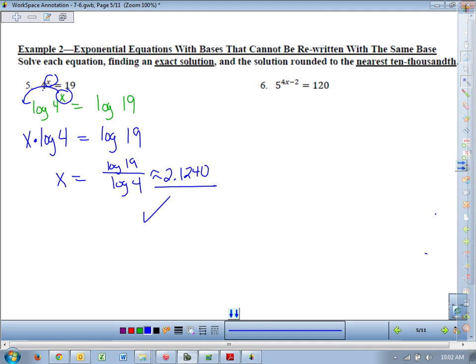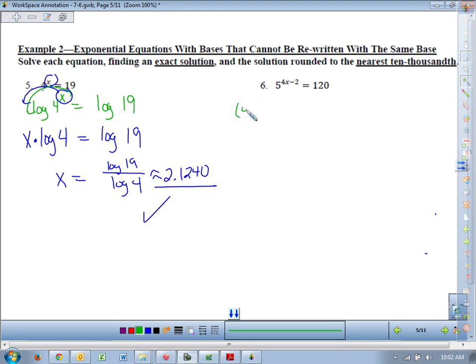Next one. Do you see that the x stuff is up in the exponent? And we will not be able to rewrite this as the same base. 120 is not a power of 5 in any which way. Cool? So let's log both sides. And tell me, let's skip a step, what happens to this exponent when we log both sides? What's it eventually going to do? Come in front. Now here's the thing. It's all about parentheses.